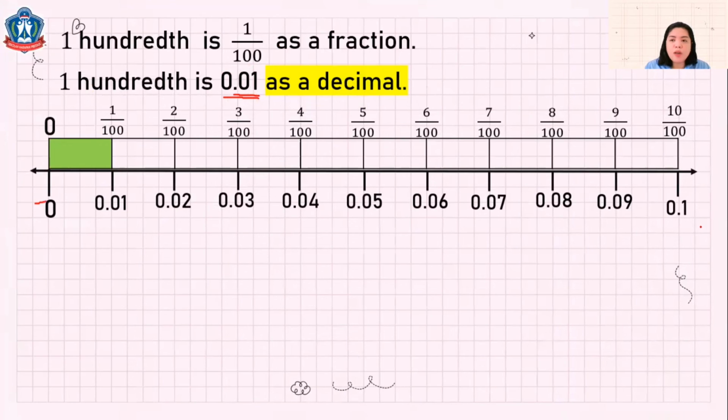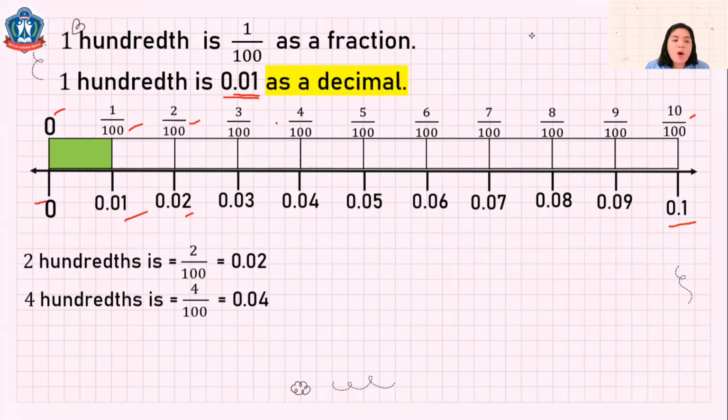So from 0 to 0.1, in fraction, that is 0 to 10 hundredths. So 1/100 is 0.01. 2/100 is 0.02. Take note. How about 4/100? This is 0.04.